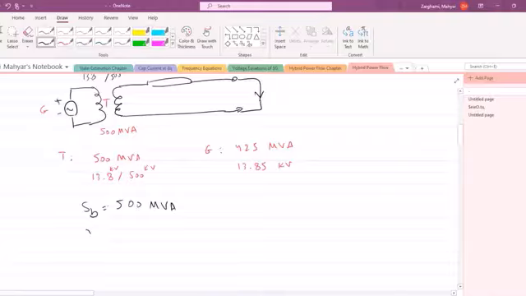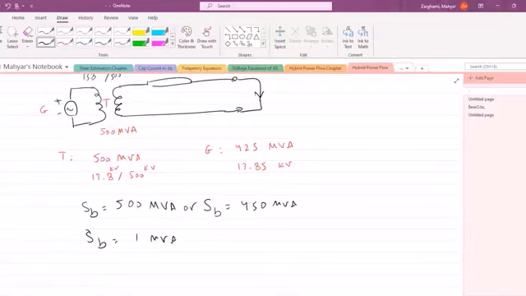Or you can choose it to be 450 MVA. But it doesn't make sense to have the base be, for example, 1 MVA. You get that? So it's wiser to choose the numbers around the common denominator, if that makes sense, of the whole equipment that exists in that system.